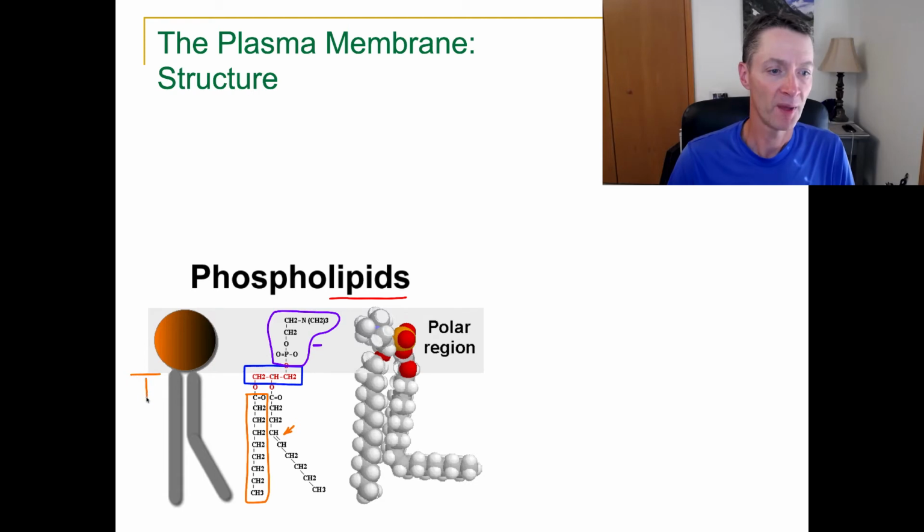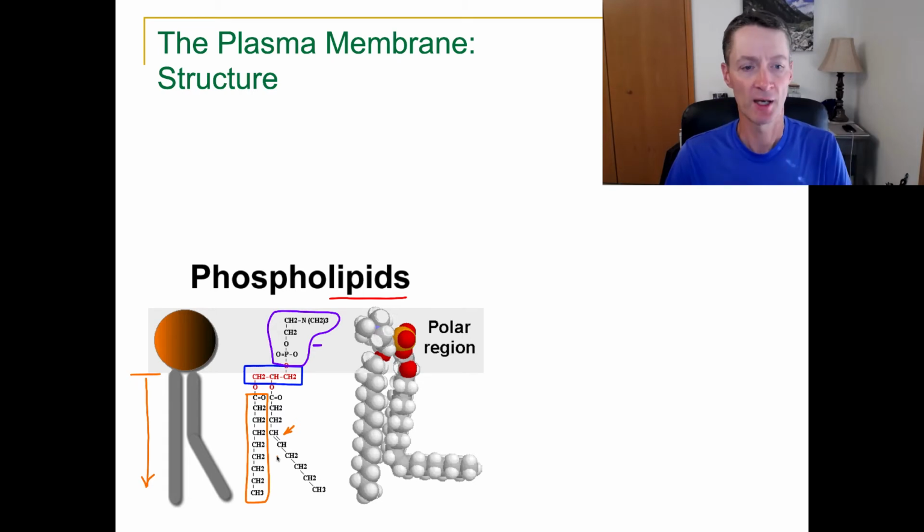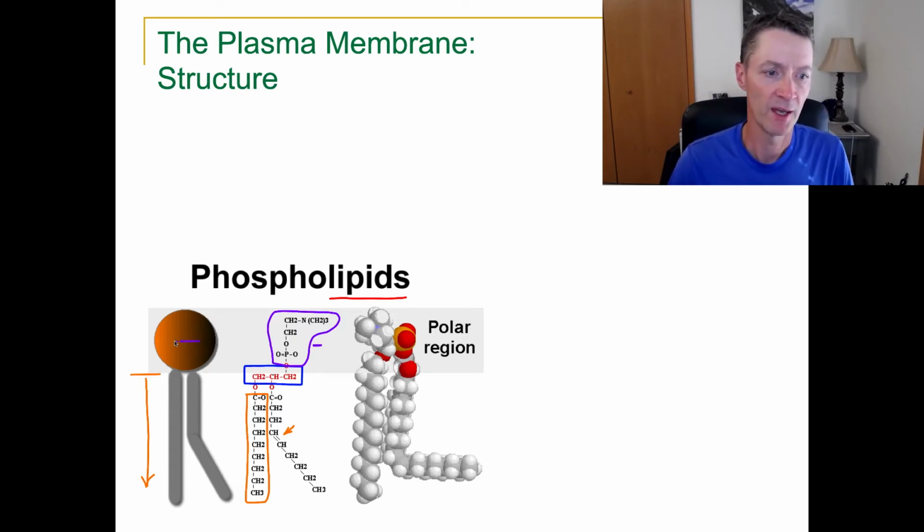Everything from here down, and here they really just simplify what we're dealing with, 2 fatty acids that are hydrophobic because they have no charge associated, and water does, right? Water has these partial charges on either side. So we have our hydrophobic region of a phospholipid molecule, and we have a charged region, this negative charge that we have associated with the phosphate group, and that would be a hydrophilic region.